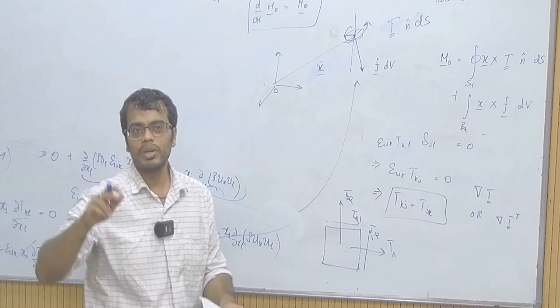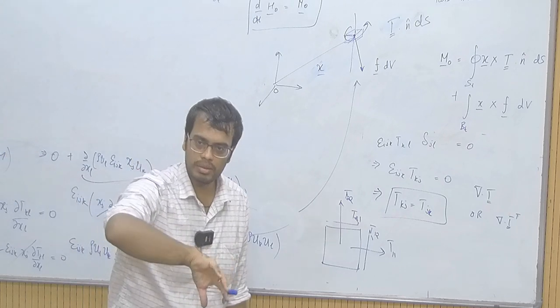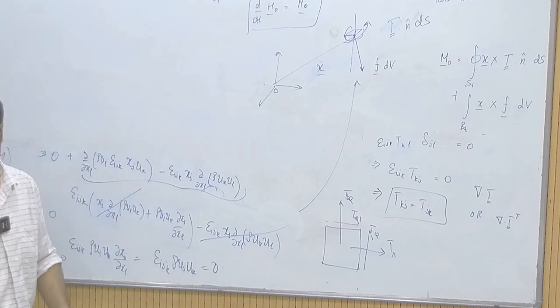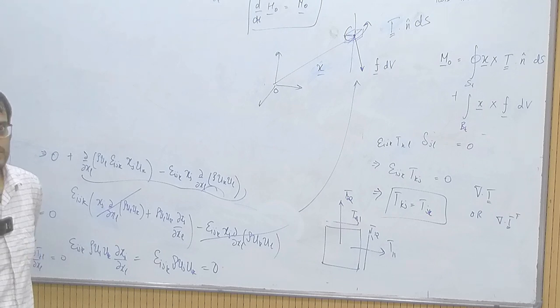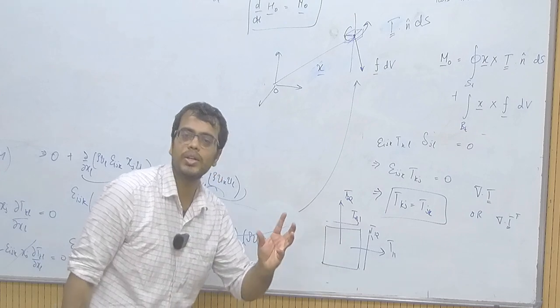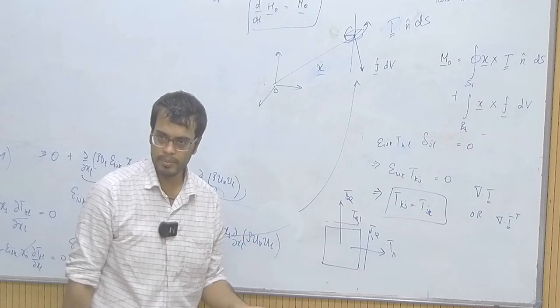That will give you that the three off diagonal components in the stress tensor should be equal, upper diagonal and lower diagonal should be equal. So basically the stress tensor is symmetric. Stress tensor is symmetric when you don't expect a small element of the body to be rotating or to be resisting any moment.